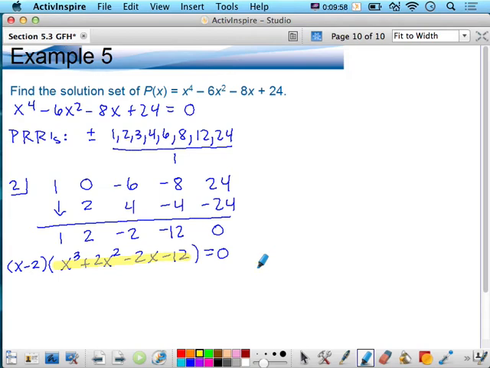Now, you don't have to generate a new list of possible rational roots. You can just use the old ones. So let's go back and let's change what's in our table, and let's now try synthetic division on the cubic, and let's see if we can find a root for it.